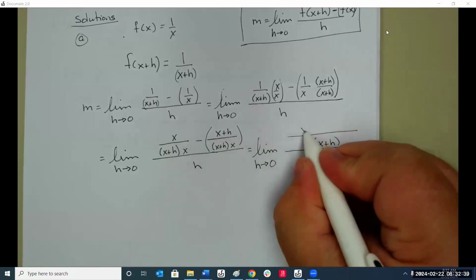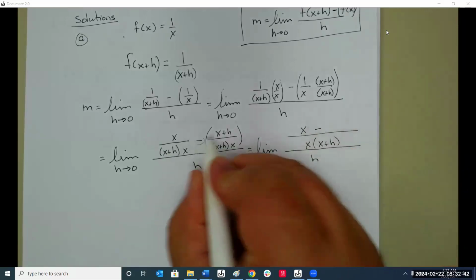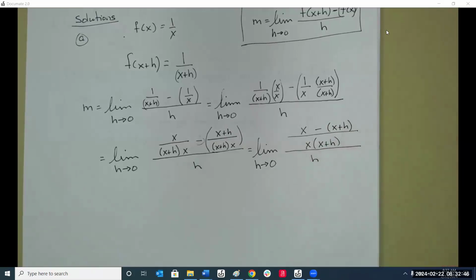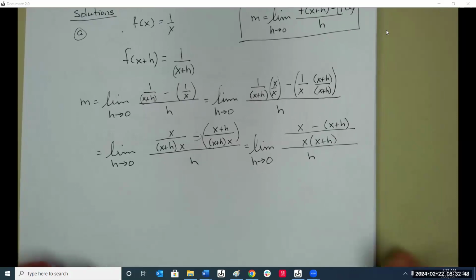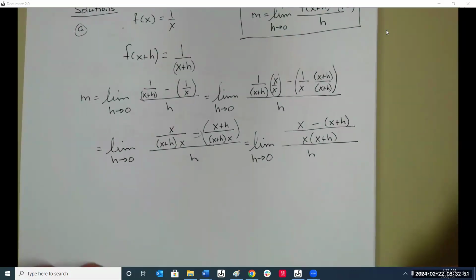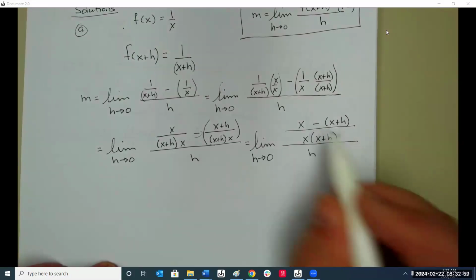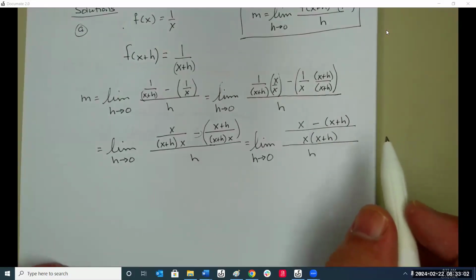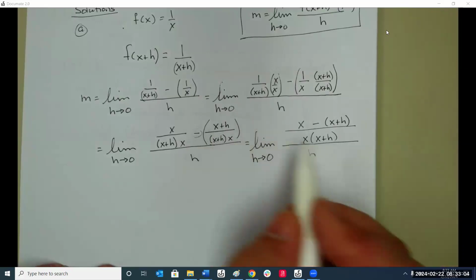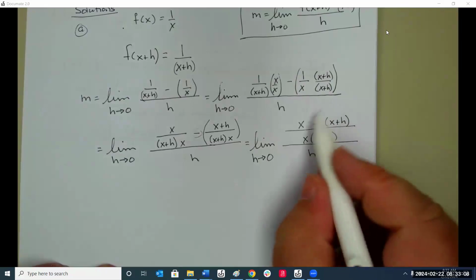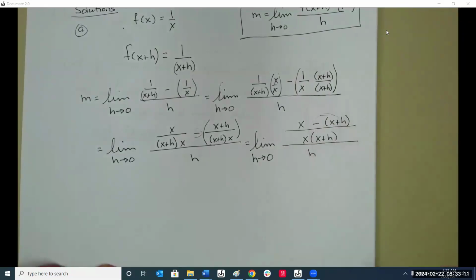We have an x minus x plus h. Yes. Not yet, because we have this minus to worry about. Because if you just drop the parentheses, then the only thing that changes is the x. This one, we have to distribute. Both sides have to change.